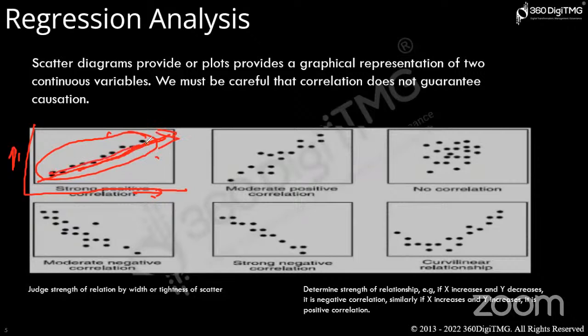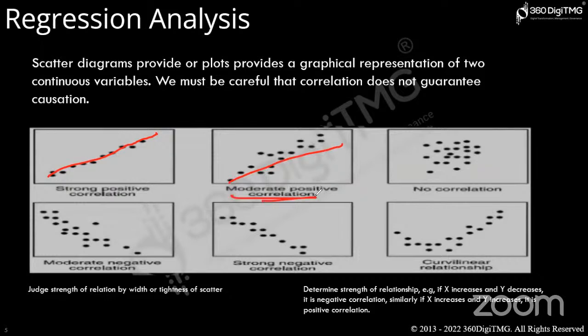If all those points are on that particular regression line, you can say it is a strong correlation. But if most of the data points are near around it, you can say it is a moderate positive correlation, but it is increasing. As X is increasing, Y is also increasing.